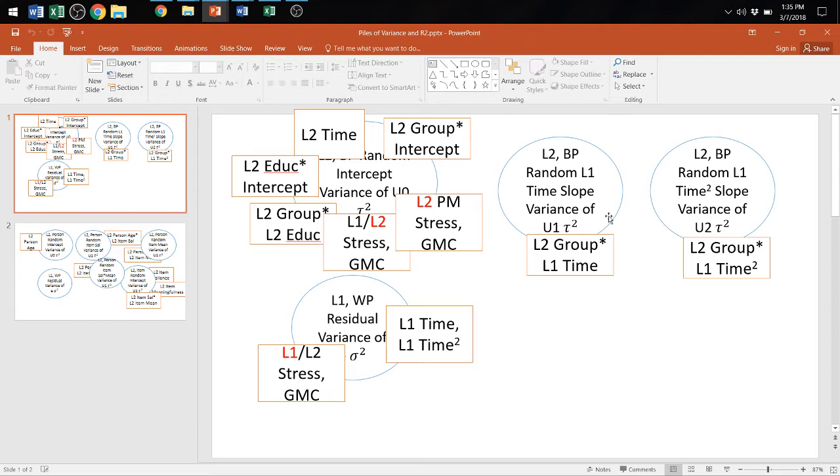So the only terms in a model that are going to explain random slope variance have to have an interaction with the term that it's the slope for. So if this is linear time slope variance, only terms that interact with linear time can explain it. If this is quadratic time slope variance, only terms that interact with quadratic time can explain it.